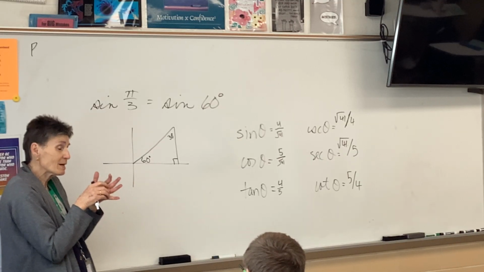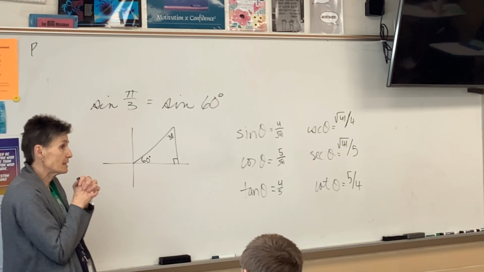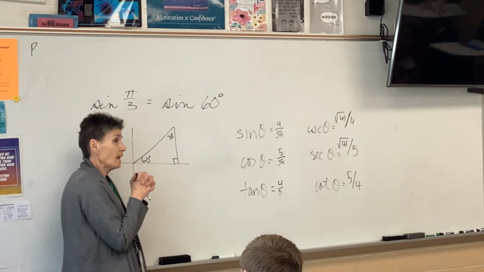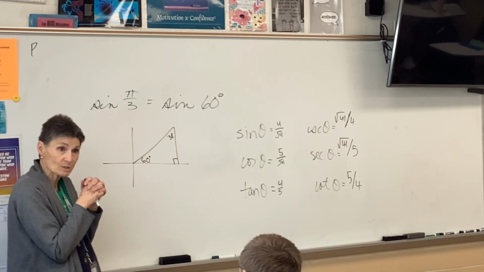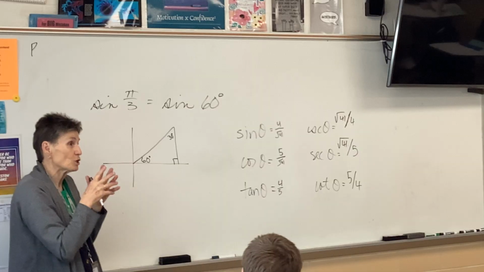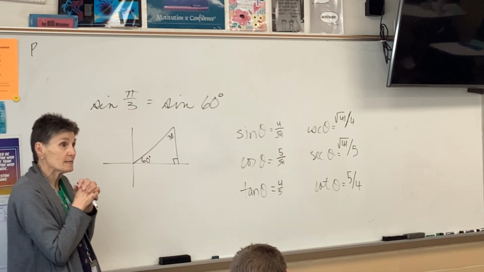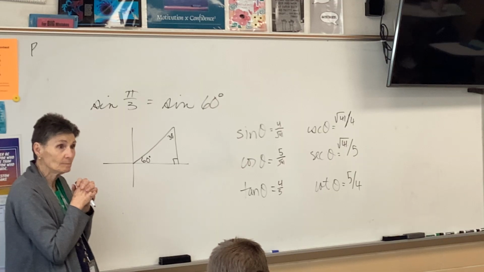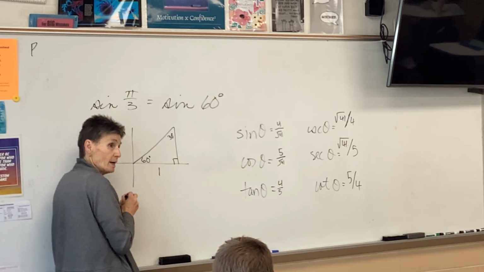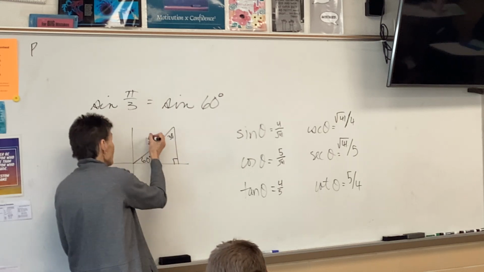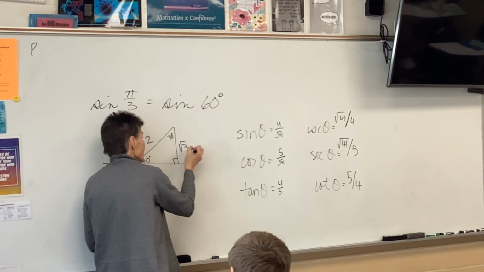They are special because every 30, 60, 90 triangle will have sides that are in exactly the same ratios. That is on your green sheet in case you have forgotten from geometry. In a 30, 60, 90 triangle, the short leg is 1, the hypotenuse is 2, and the long leg is √3.